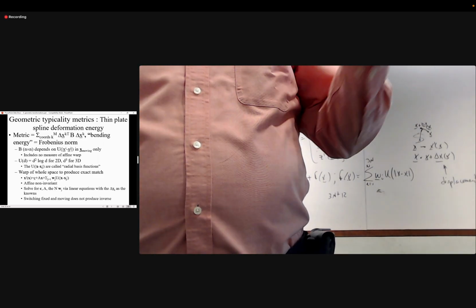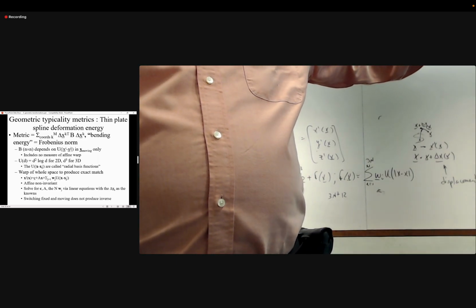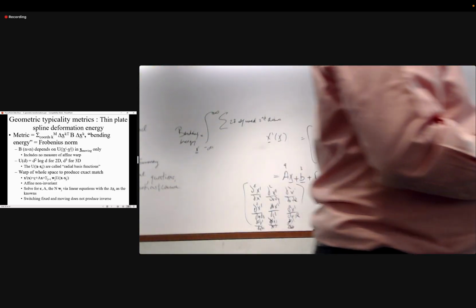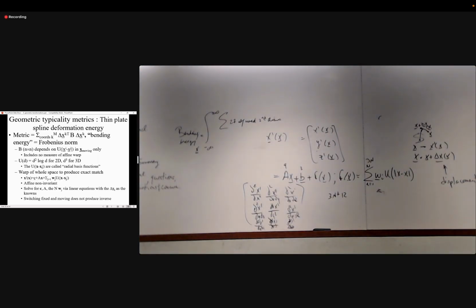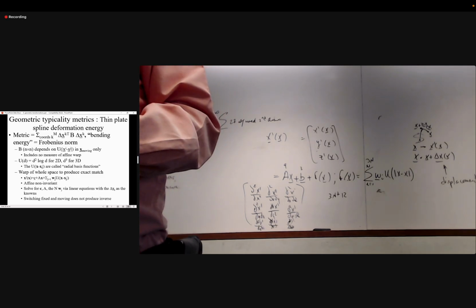And that set of linear equations comes out of the math that shows that those linear equation solutions indeed minimize this Frobenius norm. So when all is said and done, you're going to solve for these 12 variables. Once you have the function x prime of x, you can apply it at any x you want.